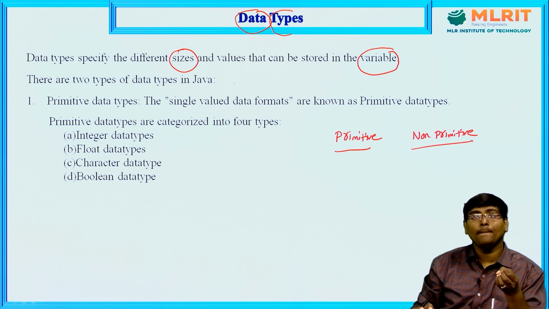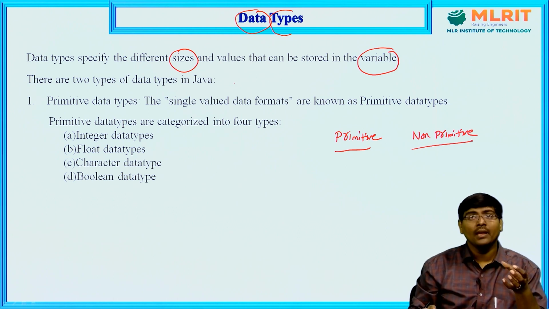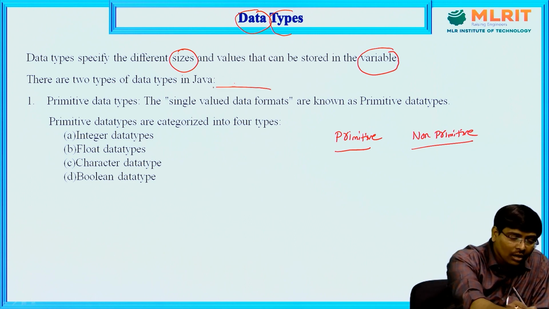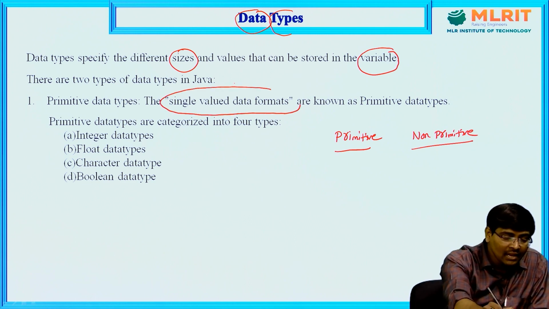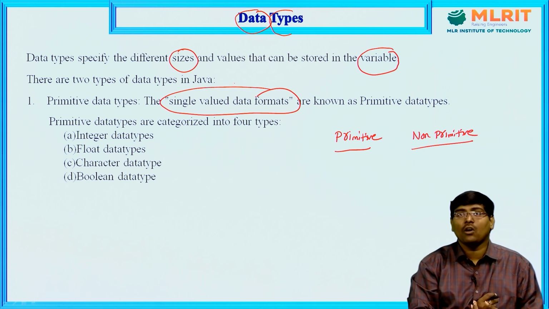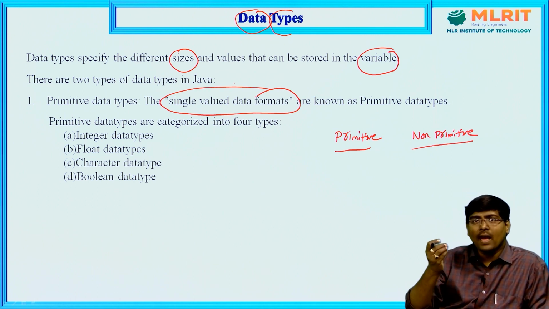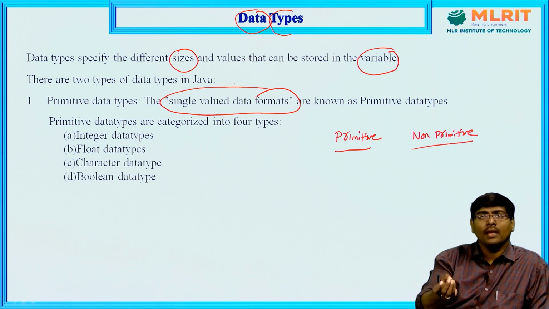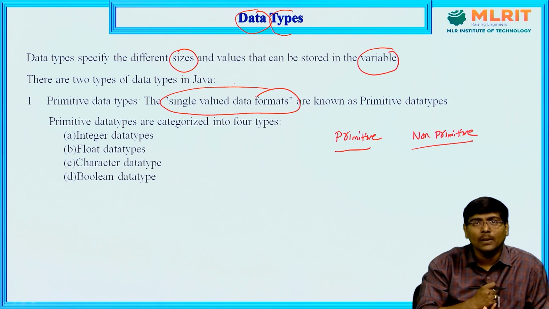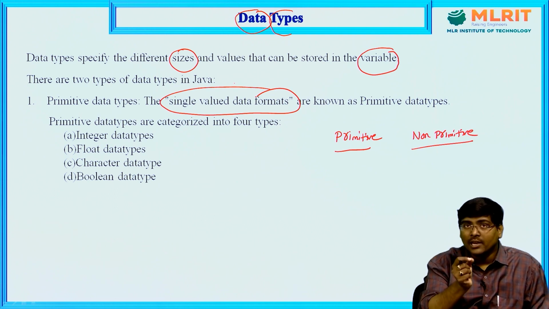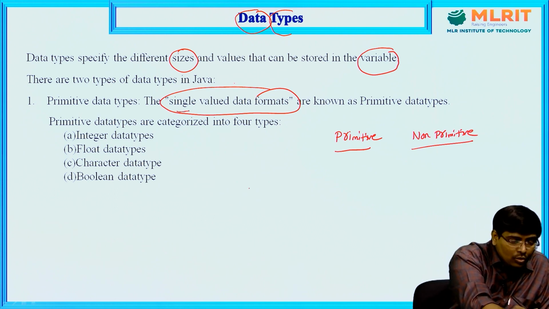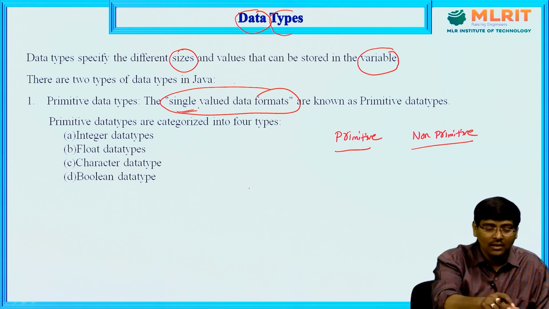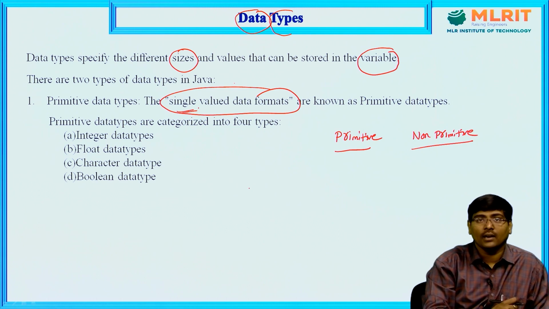Primitive means the basic data type, and primitive data types are called single valued data formats. Single valued means if you declare a variable as a primitive data type variable, it is possible to store only a single value in that variable.